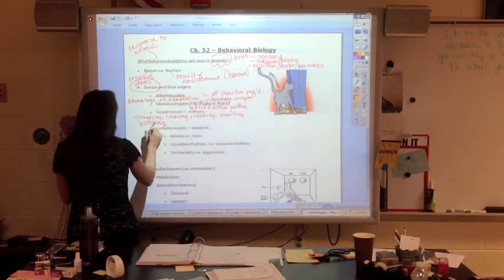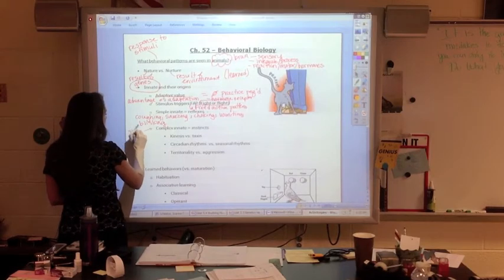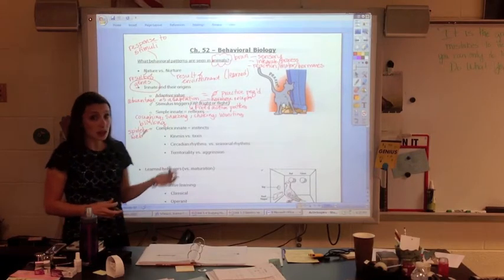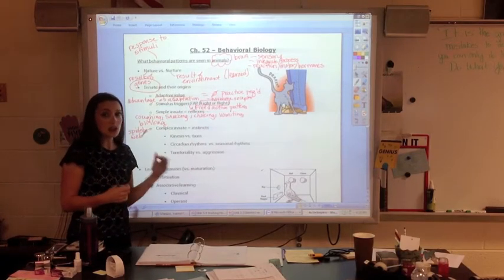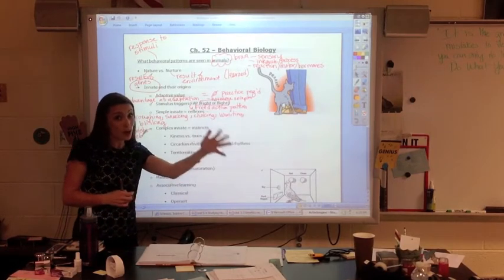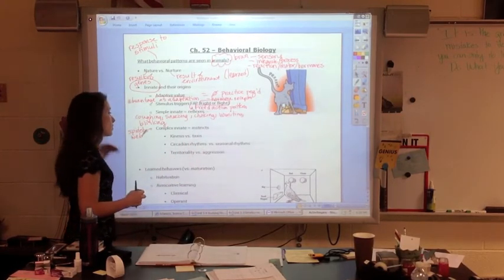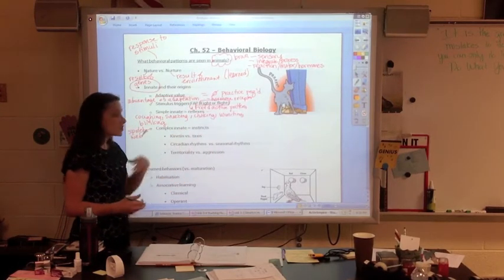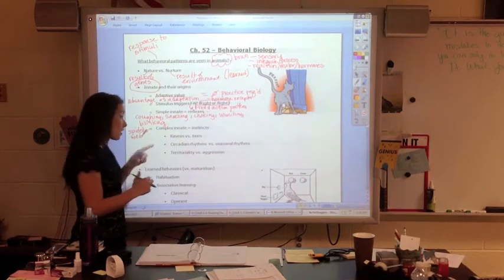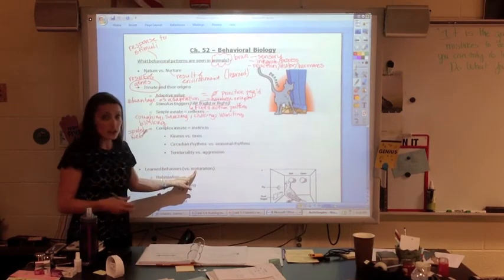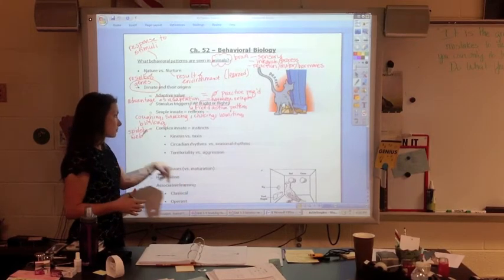So we could look at the idea of a spider's web. No one teaches a spider how to spin a web. No one teaches a dog how to bark. You don't sit at home and teach your dog, arf, arf, this is how you bark when someone walks by. No one teaches a lot of these behaviors, and that's why they're still considered innate. Now, what we see down here is sometimes you do have to mature enough to be able to do them.